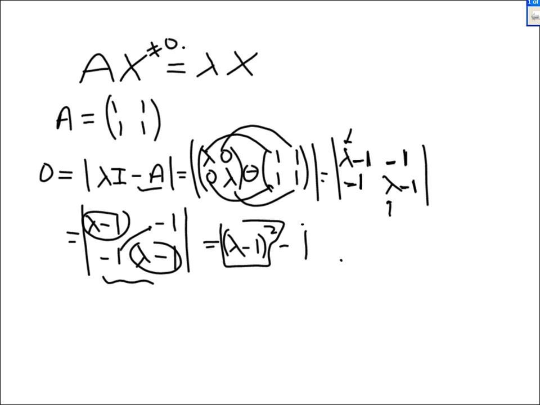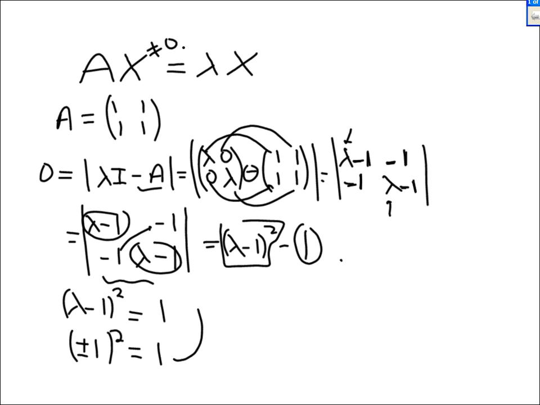Well, if this minus that is 0, immediately say that these two things are equal to one another. Now, next question is, what can you square to get 1? The answer is plus or minus 1. Well, that tells me that what I'm squaring, lambda minus 1, can equal plus or minus 1. That is, lambda minus 1 is 1, or lambda minus 1 is negative 1.